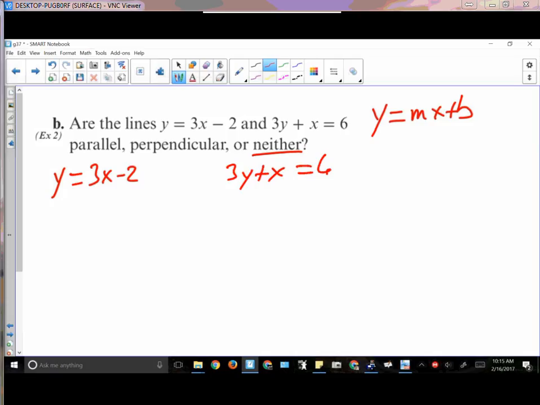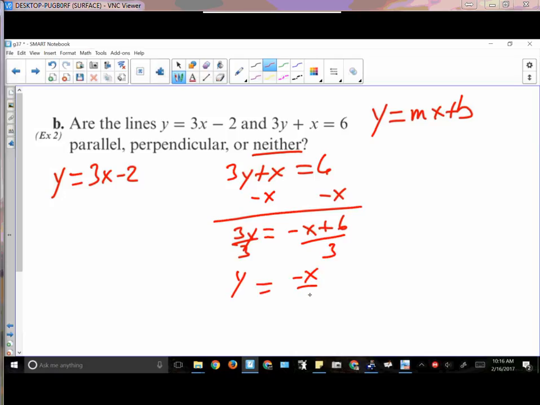Well, I got to put it in this form. So I subtract x. So now I have 3y is equal to negative x plus 6. Divide by 3. So y is equal to negative x over 3 plus 6 over 3. And when I simplify this, I get y is equal to negative 1/3 x plus 2.